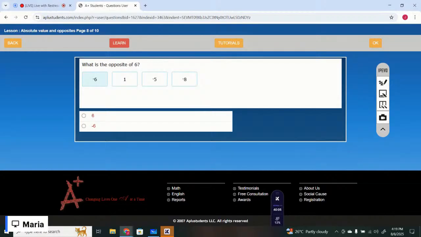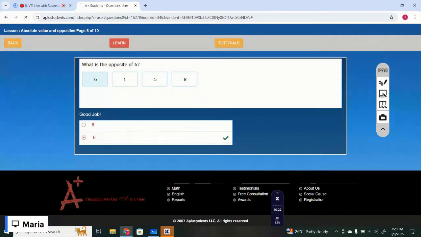What is the opposite of 6? The opposite of 6 is negative 6. Option number 2 is the correct option.